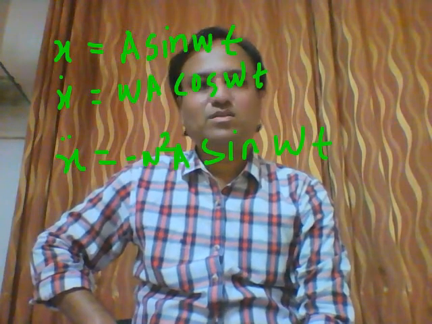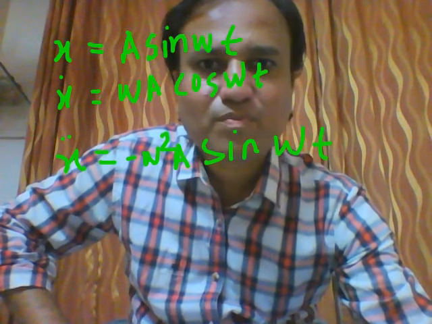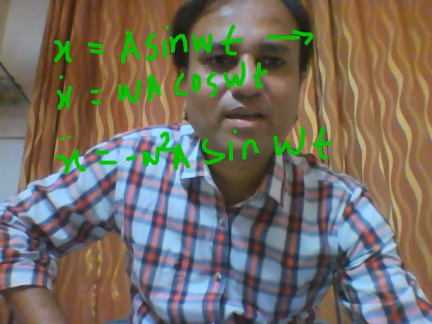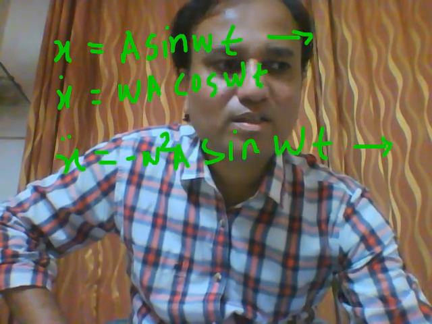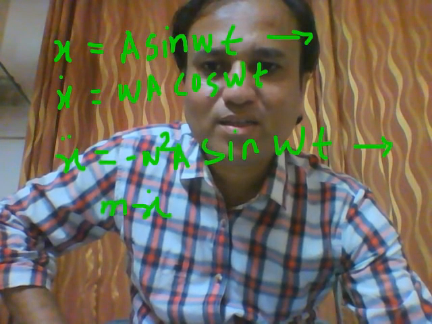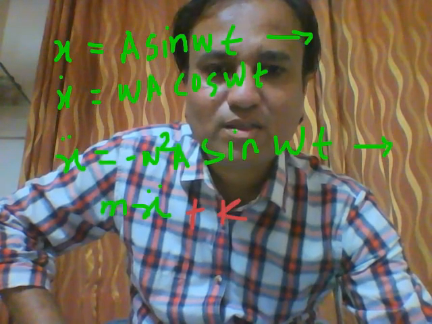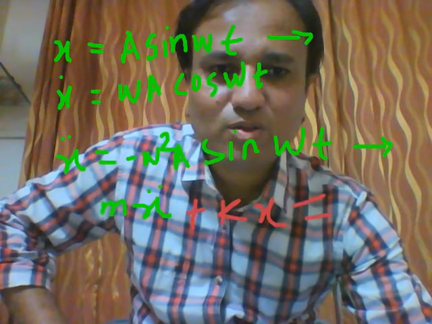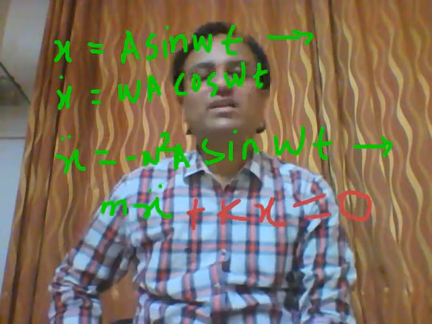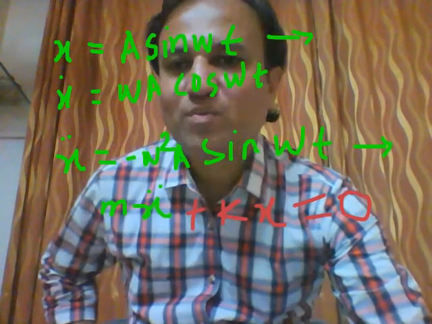Now students, put the values of x and x double dot in our equation of motion, that is m x double dot plus kx is equal to 0. This system equation we already derived by using the energy method.